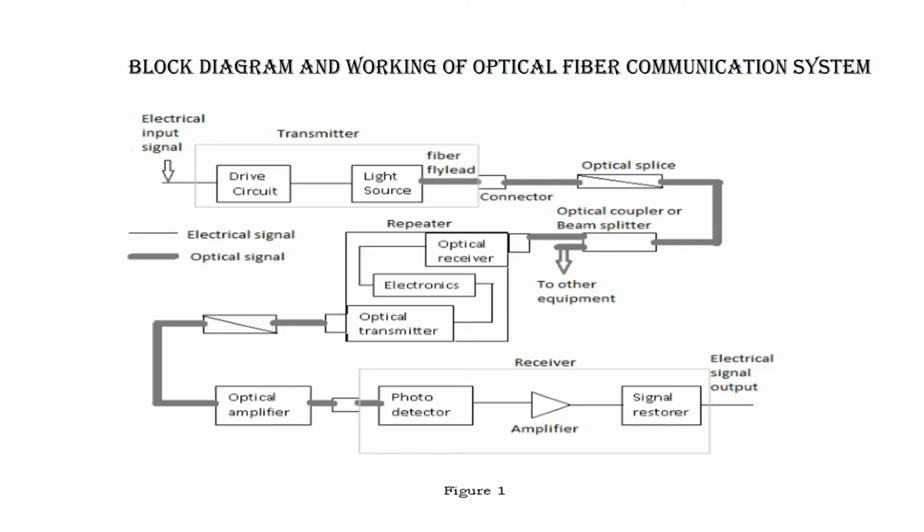Now as you go for a longer distance, the signal gets weak, and sometimes the transmitter could be connected to multiple receivers, right? Here we can give the same signal to other equipment also. Sometimes you will need to connect that signal to multiple receivers.